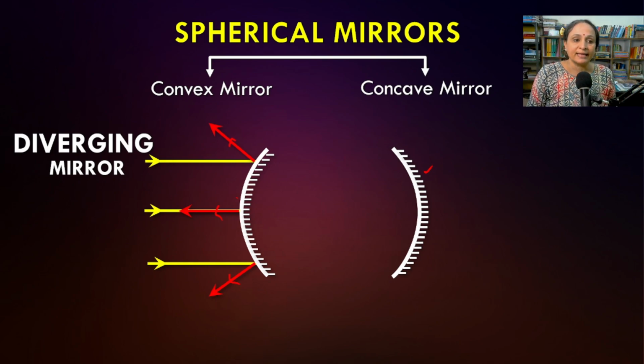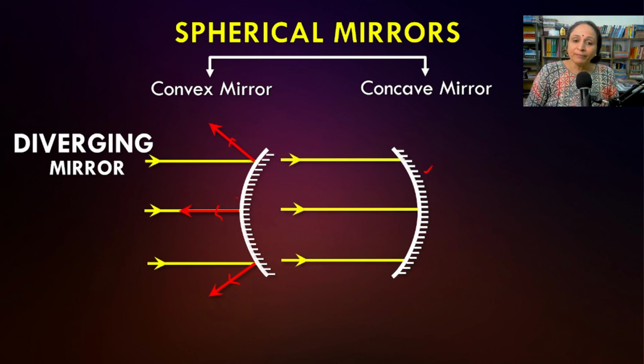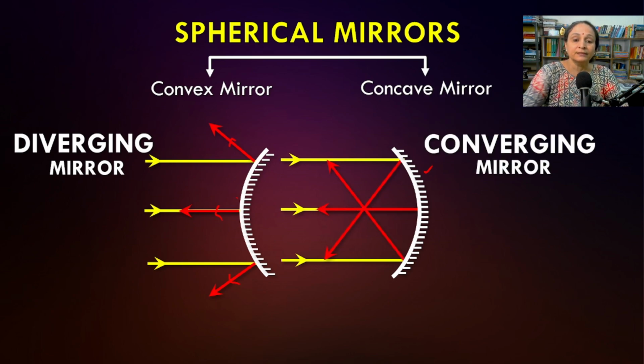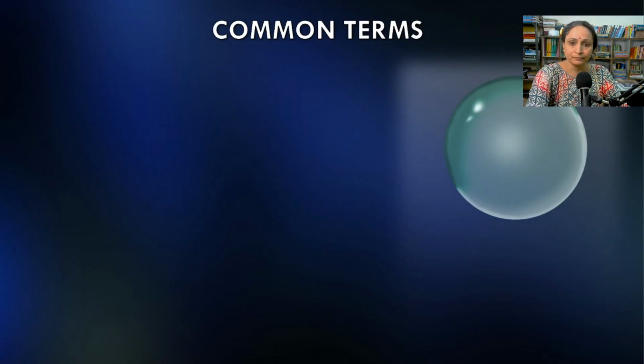So this is called the diverging mirror. But if a parallel beam of rays falls on the concave mirror, we can see that the rays of light get reflected and all the rays seem to come closer to each other. So this kind of mirror is called the converging mirror.